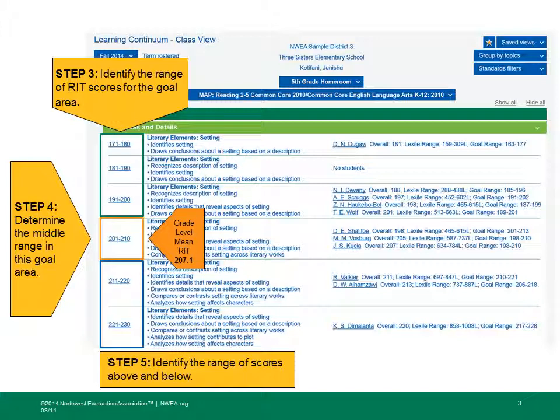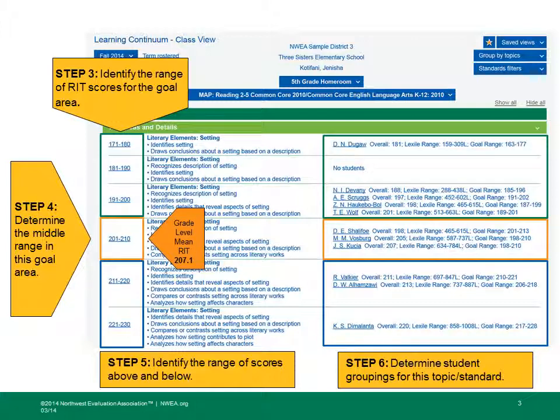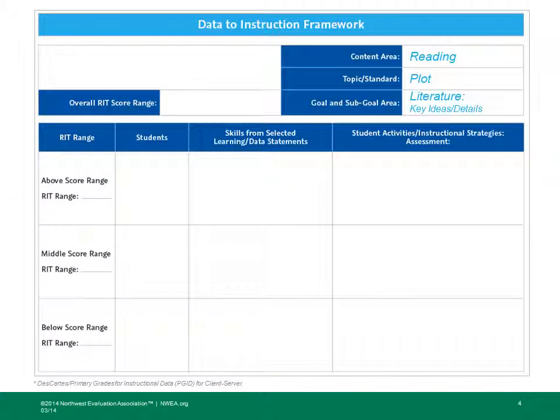230. Next, we're going to identify the student groupings for this topic and standard. And as you can see, we have more students in the group below the grade level mean than we do above for this particular concept. Now, how does that translate back again to the data to instruction framework?